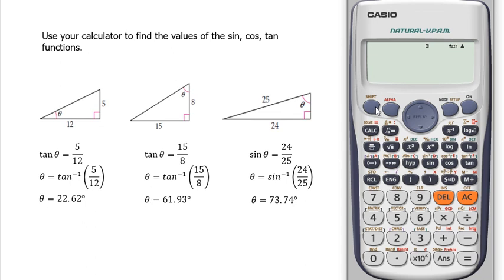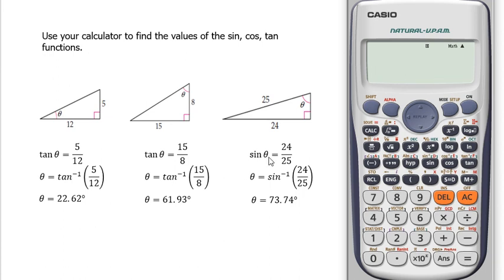So to get that, we get the inverse of the tangent and then the fraction, and then input 5 over 12. Click equal so that the angle is 22.62 degrees. Just repeating that for the second triangle, 15 over 8, 61.93.